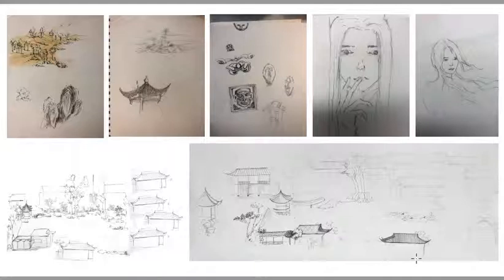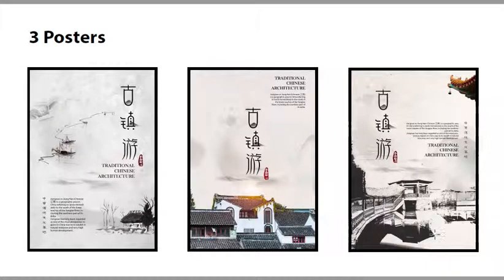These three posters, each in a different Chinese style, also took me more than 10 hours for each one.